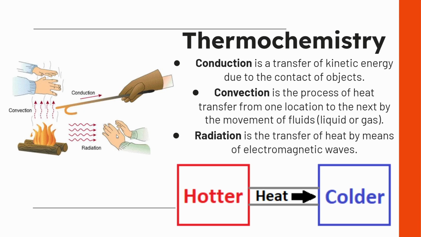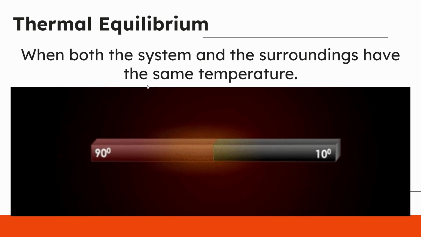That would be radiation. And remember, things are moving from hotter to colder. And this is called thermal equilibrium, where the entirety of a system and really the entirety of the universe is trying to balance out its temperature. So eventually, an entire system will reach its thermal equilibrium here.